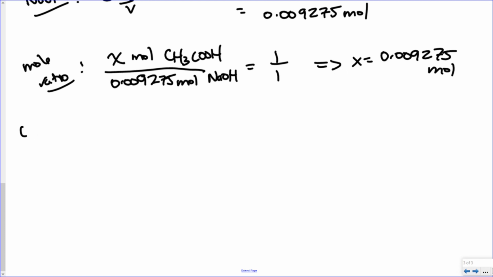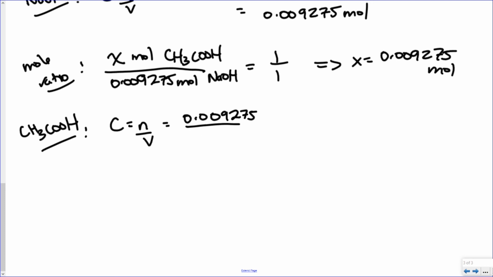And then for our acetic acid, we'll do concentration equals n over V. So we just calculated our n was 0.009275. And our volume, it said each of them were 10 milliliter samples, so that's 0.01000. Let's keep significant digits here.